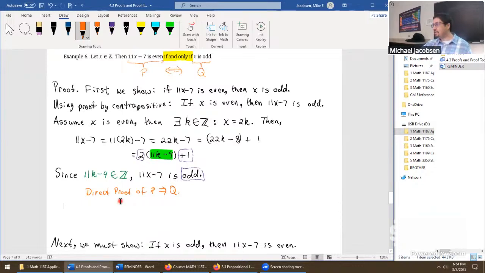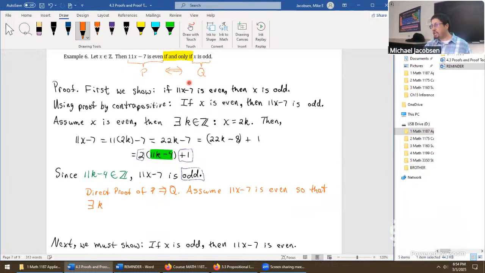So if we're going directly, it means we have to show 11x minus 7 is even right away. Let's just say that. Assume 11x minus 7 is even. So that, just in one sentence, we'll say what it means to be even as well.